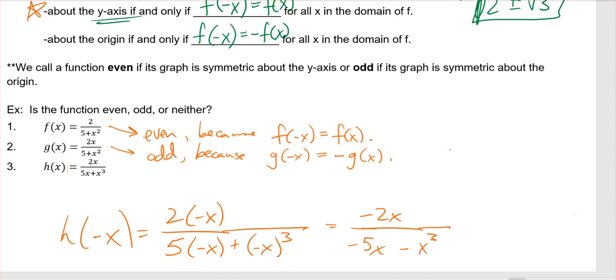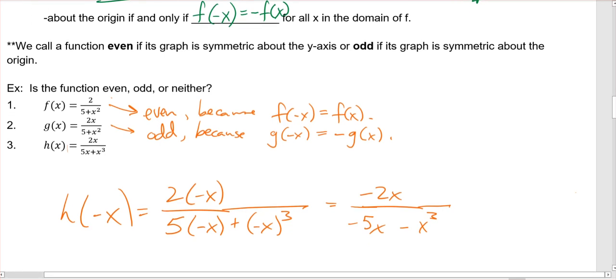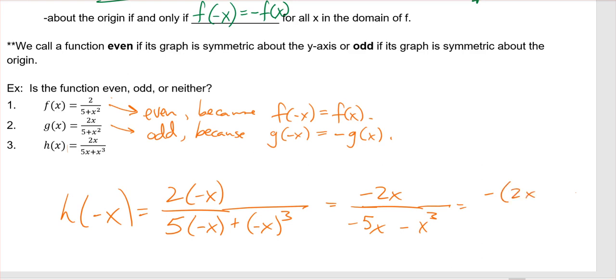So we might get to this point and say, hey, wait a minute. That's not the same as what I started with, and it doesn't really look like the negative version of what I started with. So we might be tempted to just say that it's neither one, but be careful with ones like these because we can see that those guys share a common factor, don't they? If we pulled a negative out of the numerator and a negative out of the denominator, it would look like this.